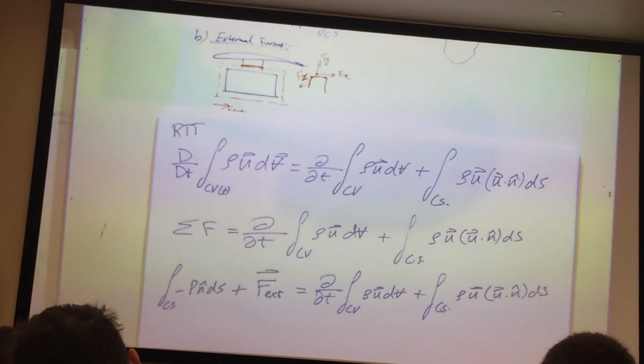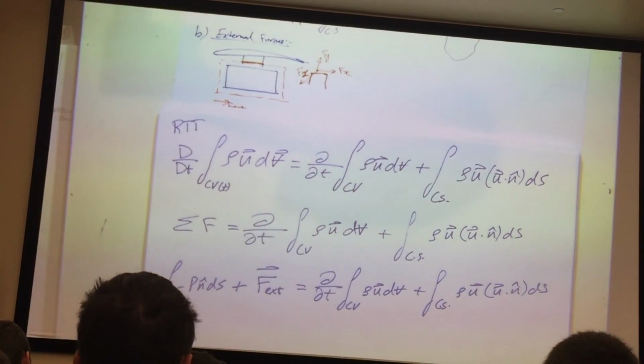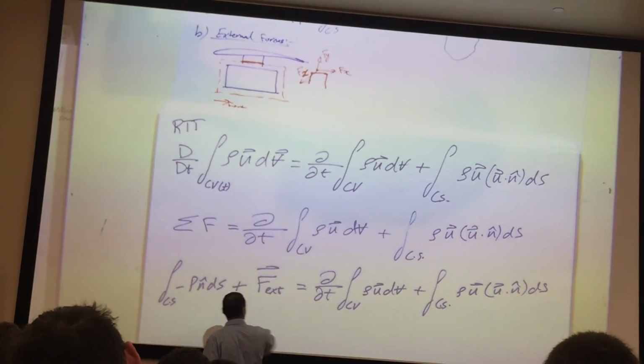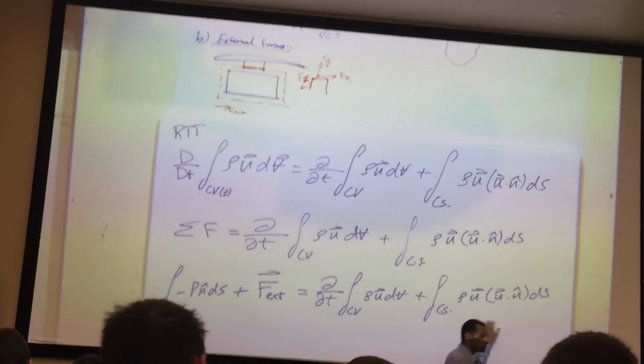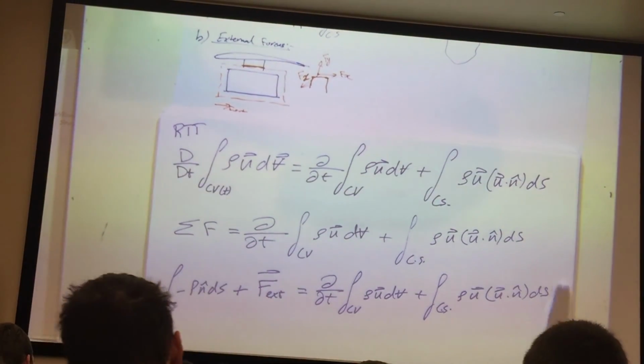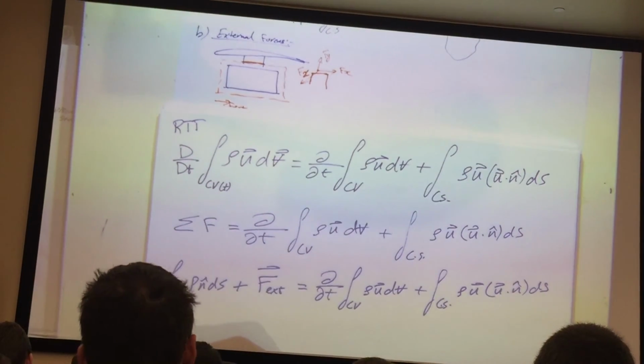Okay. So I have my unsteady term, my external force, my pressure force, and what comes in and out in terms of the actual flow momentum. Now that's the key one, because that's what drives the thrust, by the way.